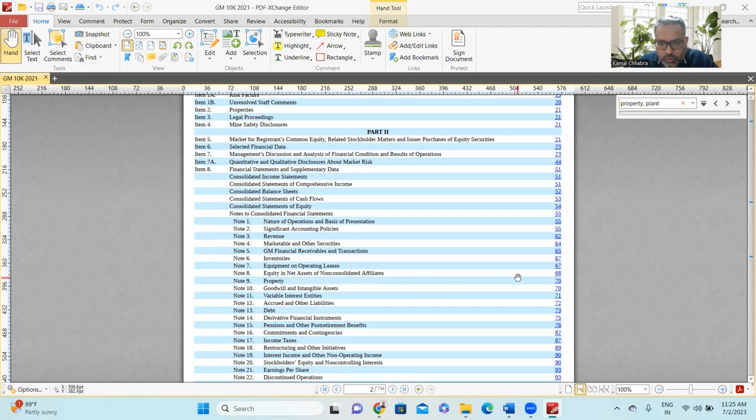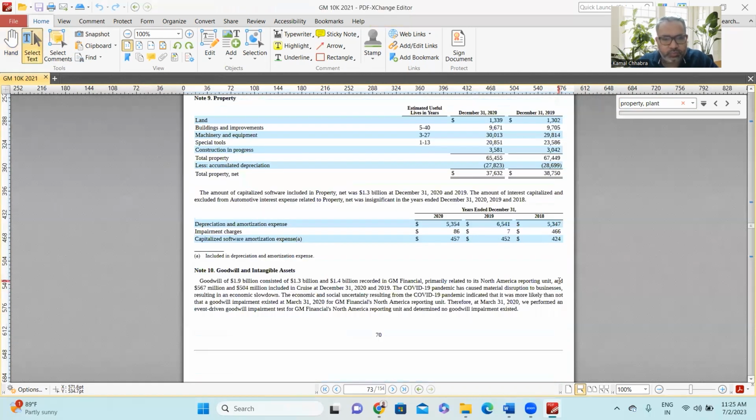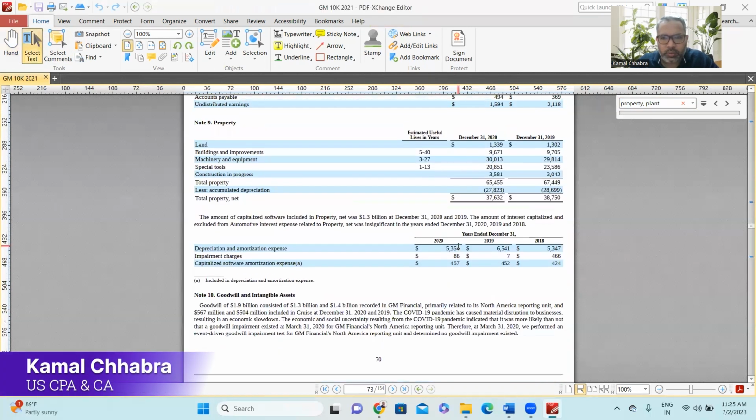So this is schedule 9. You see the property: land, building, machinery and equipment, tools, construction in progress, total property, less accumulated depreciation.